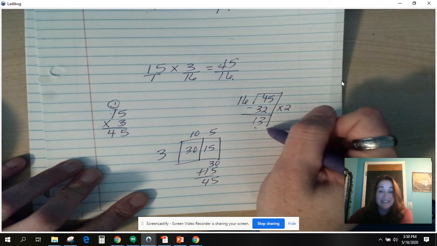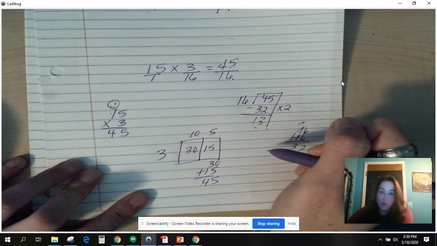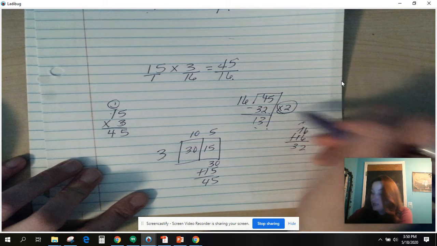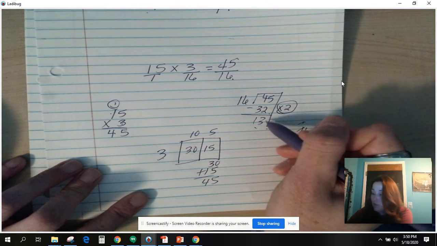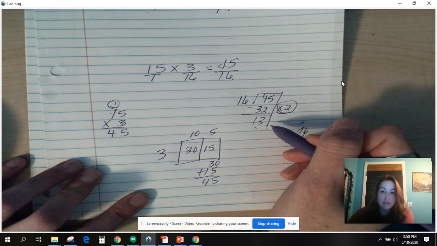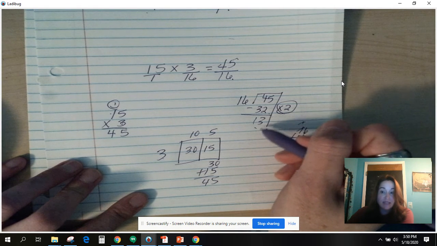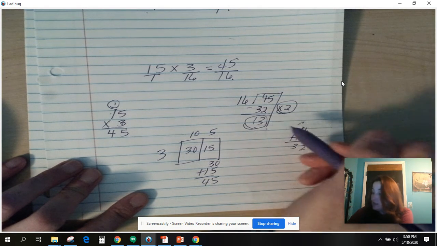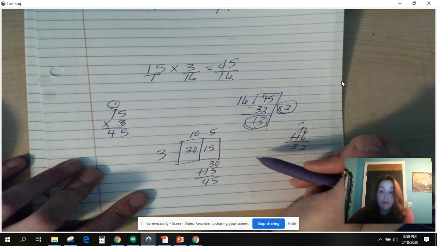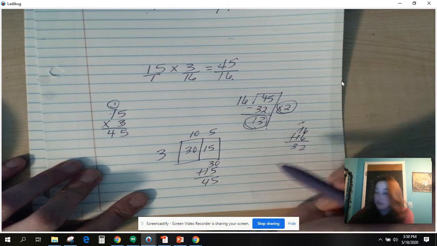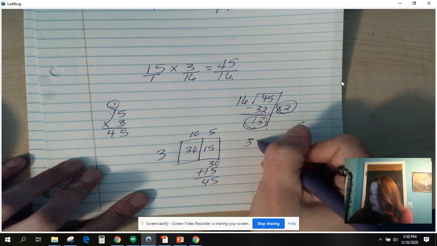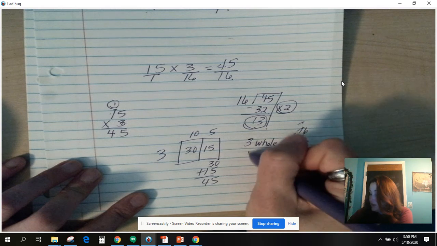Now will 16 go into 13? No, it will not. So we need at least 2 whole pizzas. And what do you think this 13 represents? That's right, it's the number of slices we still need. So if we still need 13 slices, we need to order another pizza. So we need to order 3 whole pizzas in order to feed everyone.